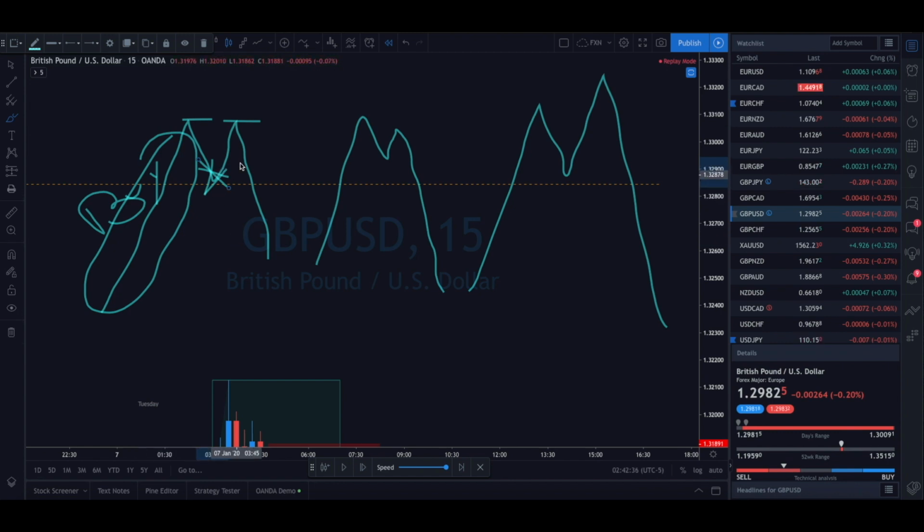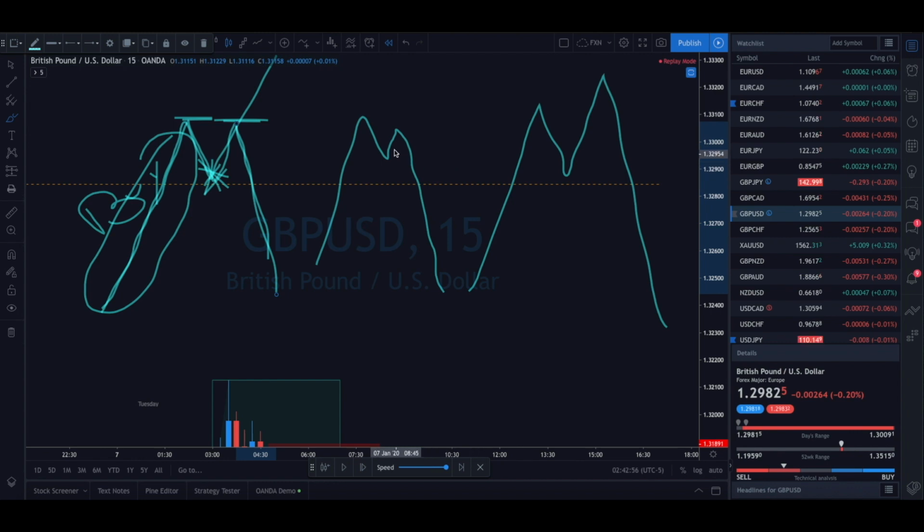This gives them basically all the buyers they need. The buyers in the retracement are thinking this is going to do this. We know better, so we're expecting a rejection here, and then we trade that down.